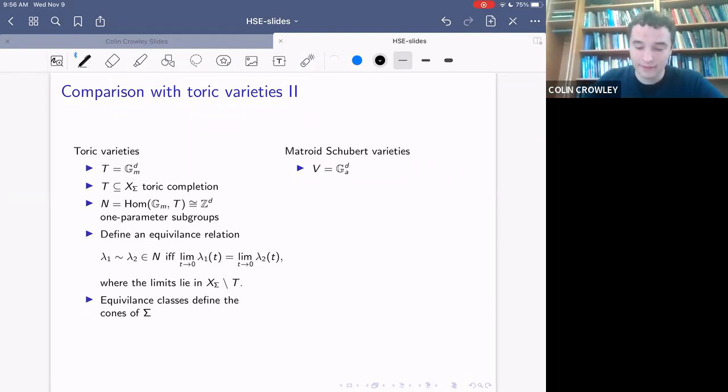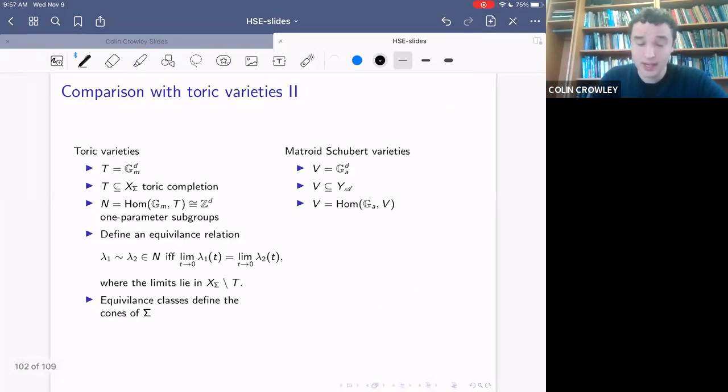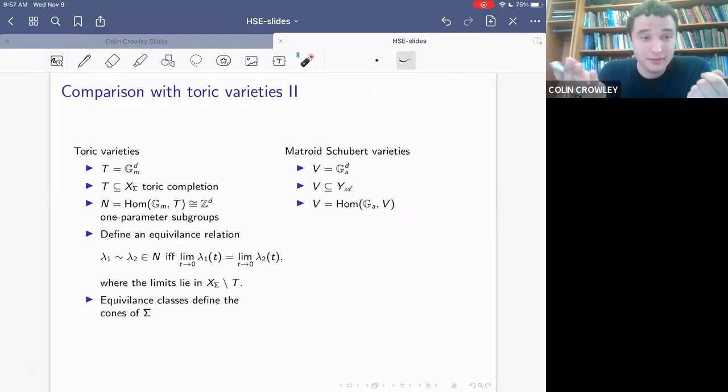So here I have V, the additive group, and my Matroid Schubert variety, Y_A. Again, I'm going to consider homomorphisms into my group, this time from the additive group, but this is just identified with the vector space itself, right? I'm doing linear maps from the ground field to a vector space.